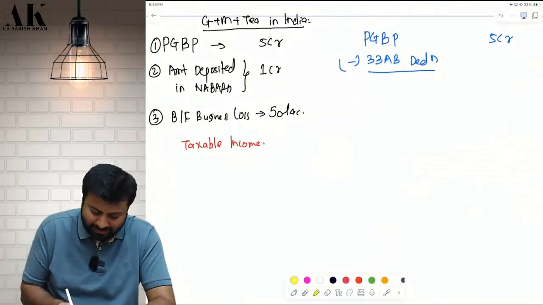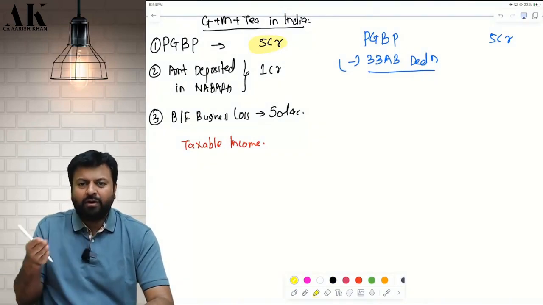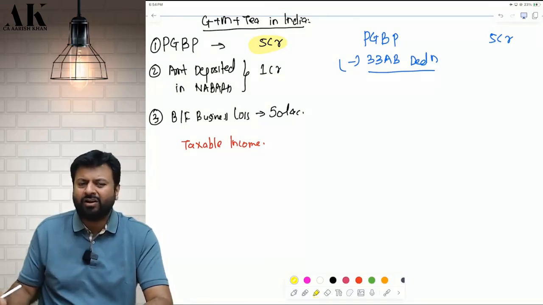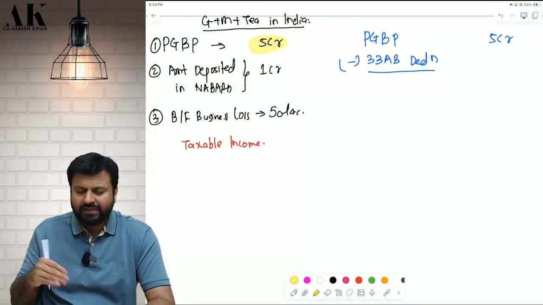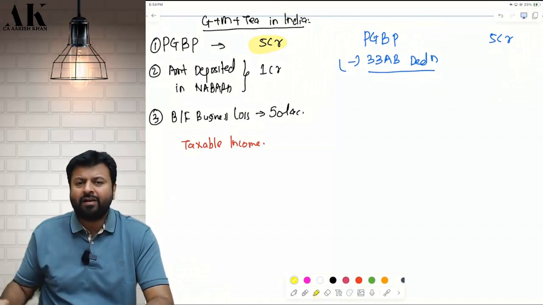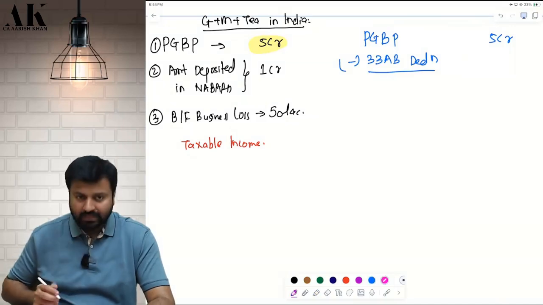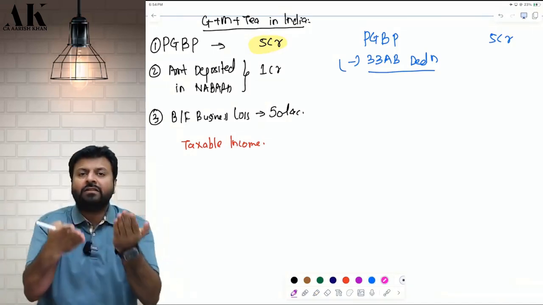Do you have a PGBP before loss and before deduction under this section? PGBP is available or not? So first of all, you will claim 33AB or not? The deduction under this section will be available or not to you?